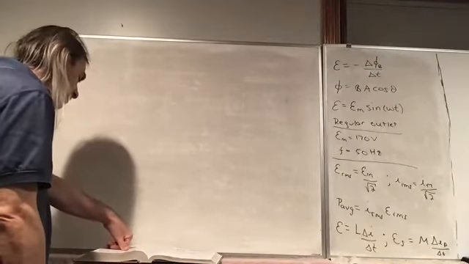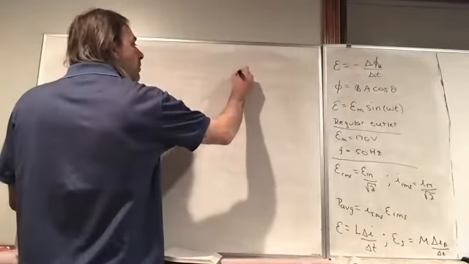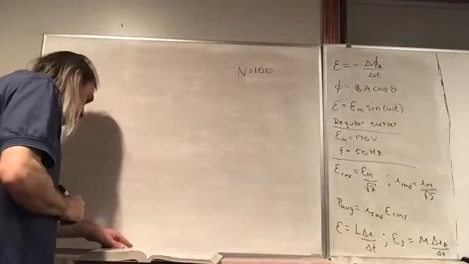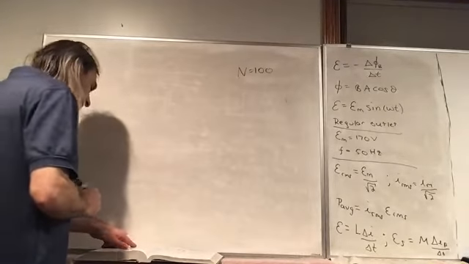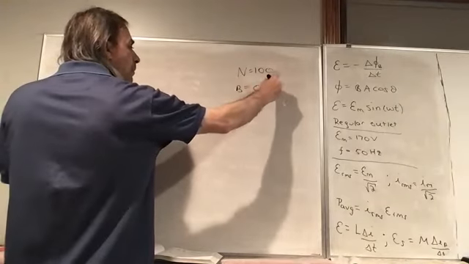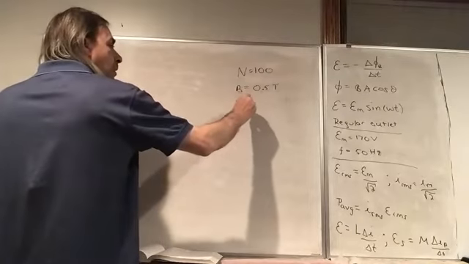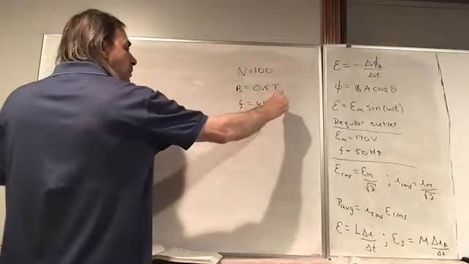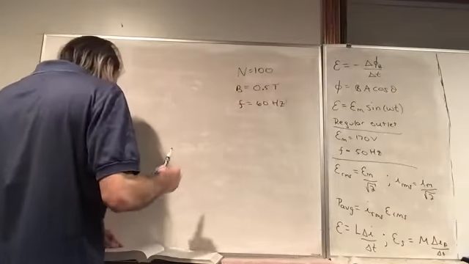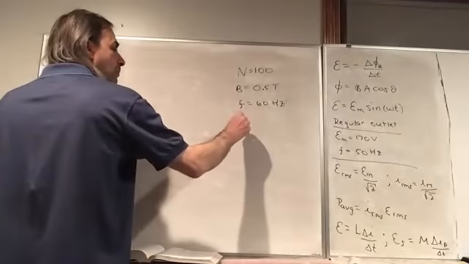So let's see, a generator uses a coil that has 100 turns, and a 0.5 Tesla magnetic field. The frequency is 60 hertz. And the EMF has an RMS value of 120 volts.